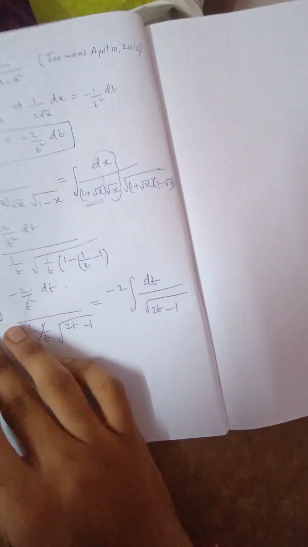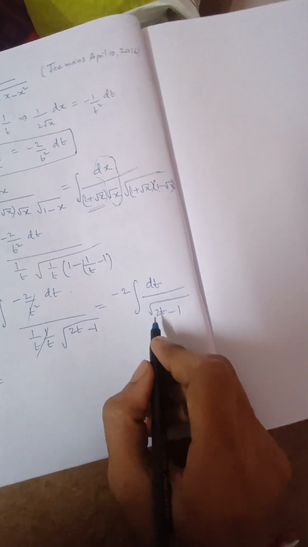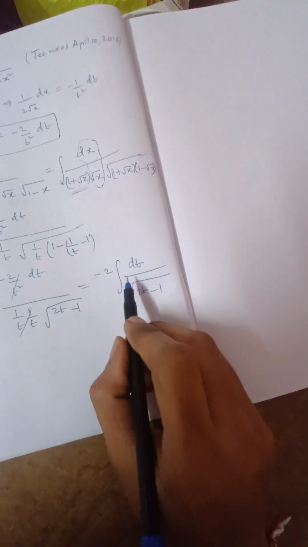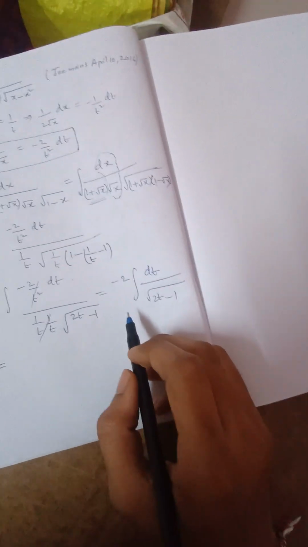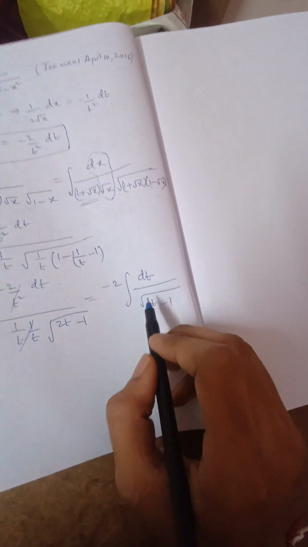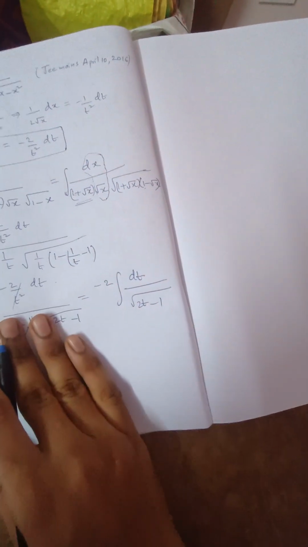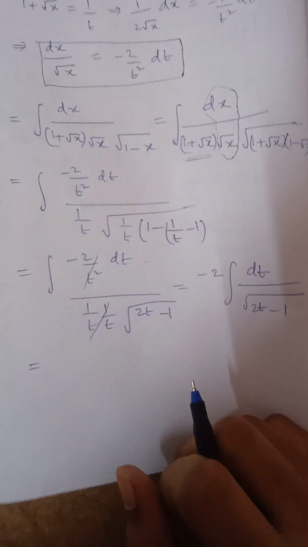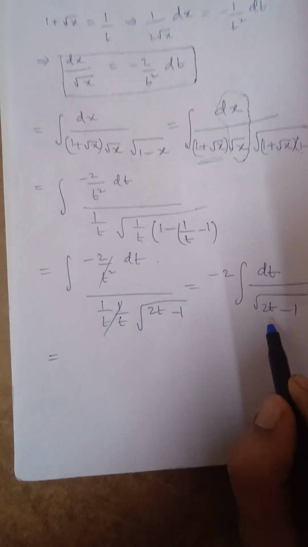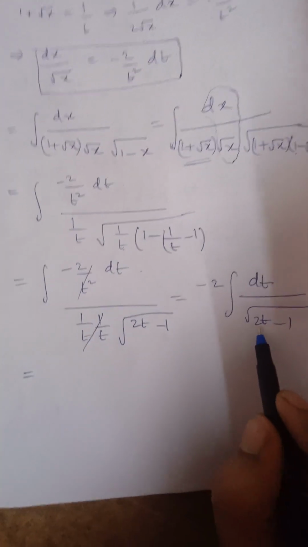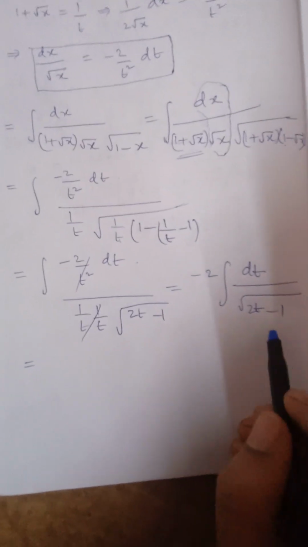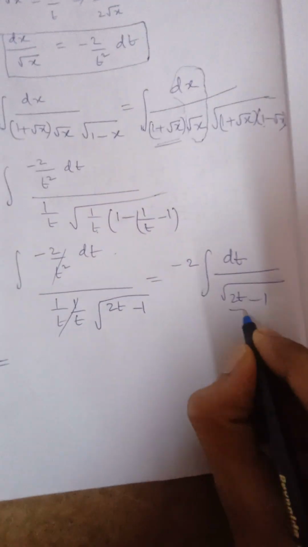So we know that it is of the form 1 by root x. The differentiation of root x is nothing but 1 by 2 root x.